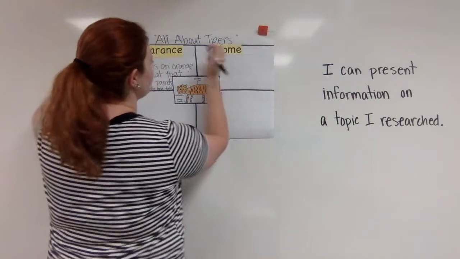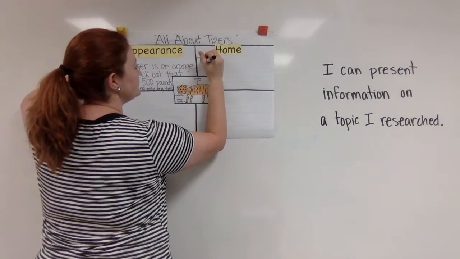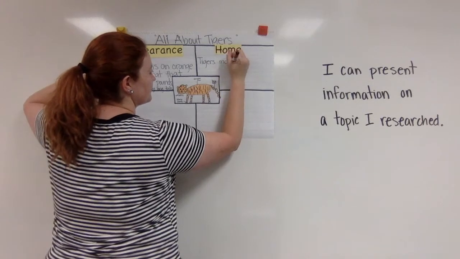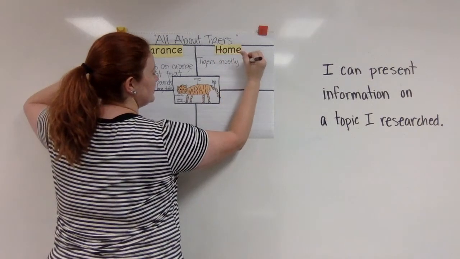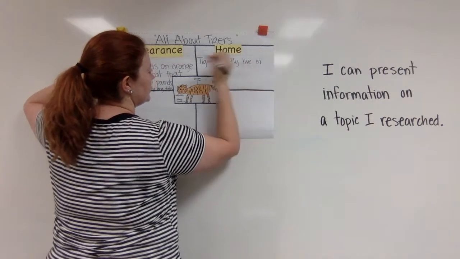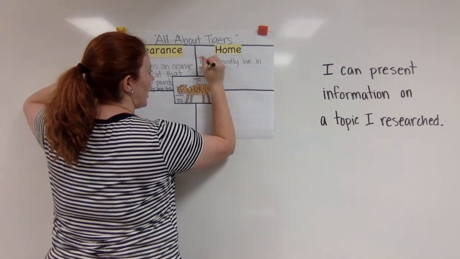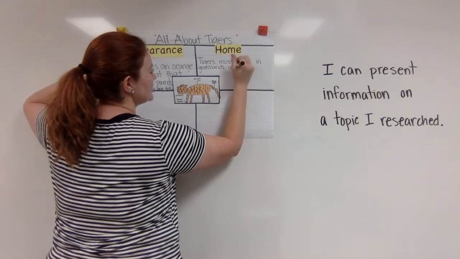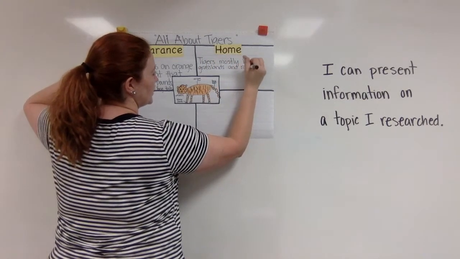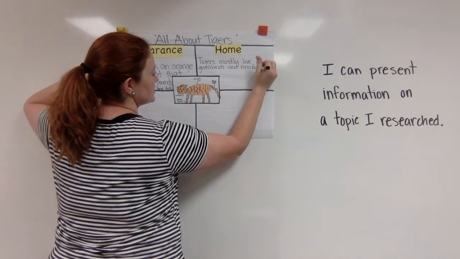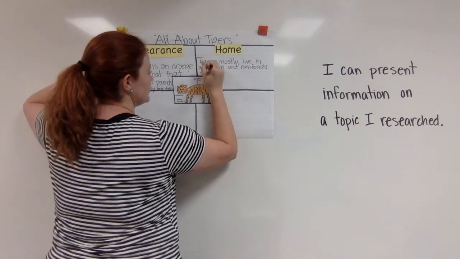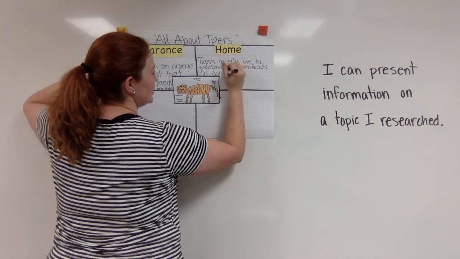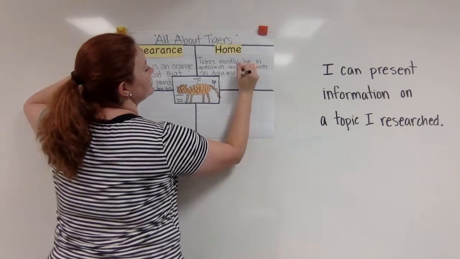And I'm going to say, tigers mostly live in grasslands and rainforests in Asia and India.